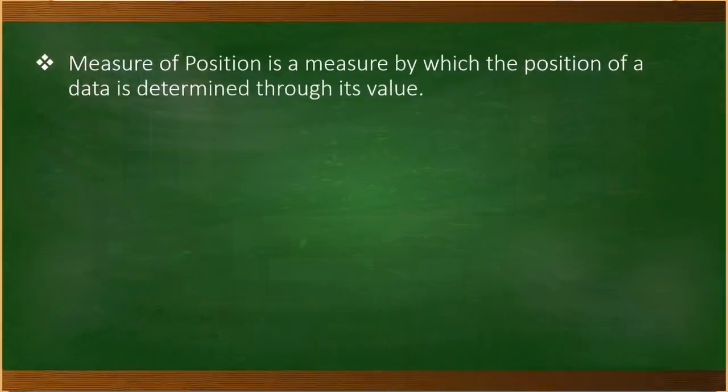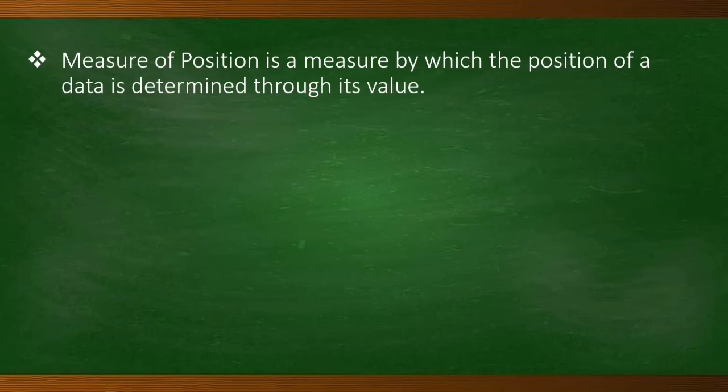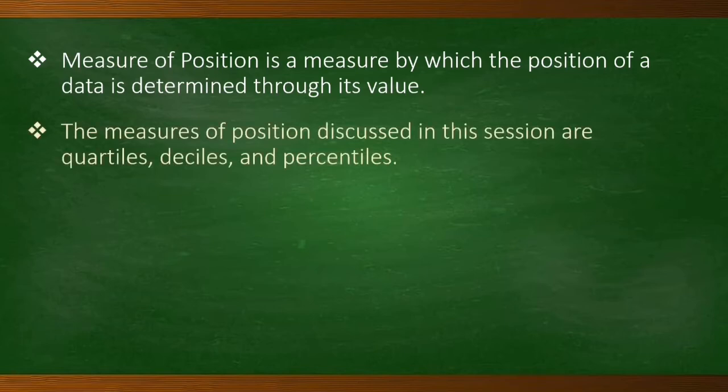Now, before we proceed to the assessment, let us do a short recap of the important points in this session. The measure of position is a measure by which the position of a data is determined through its value. The measures of position discussed in this session are quartiles, deciles, and percentiles.